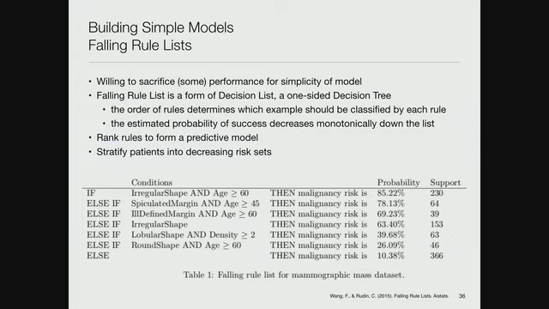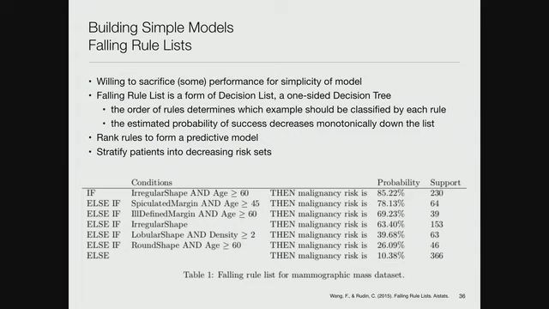If this is not the case, then if the lump has a spiculated margin, so it has little spikes coming out of it, and the patient is over 45, then there's a 78% chance of malignancy. And otherwise, if the margin is kind of fuzzy, the edge of it is kind of fuzzy, and the patient is over 60, then there's a 69% chance.